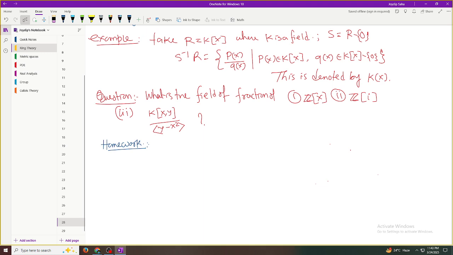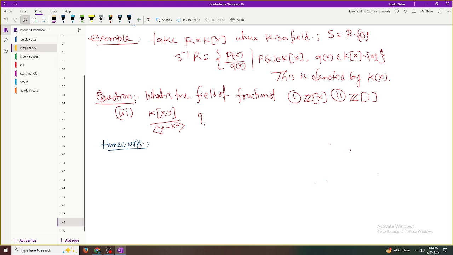So you have to let S equal Z[x] minus 0. Then S inverse Z[x] is your field of fraction. You have to show that S inverse Z[x] is isomorphic to Q(x).